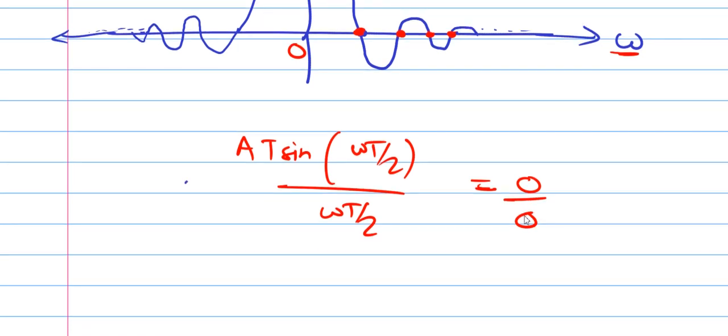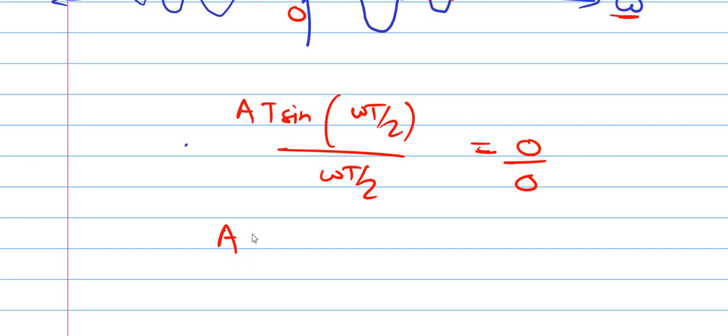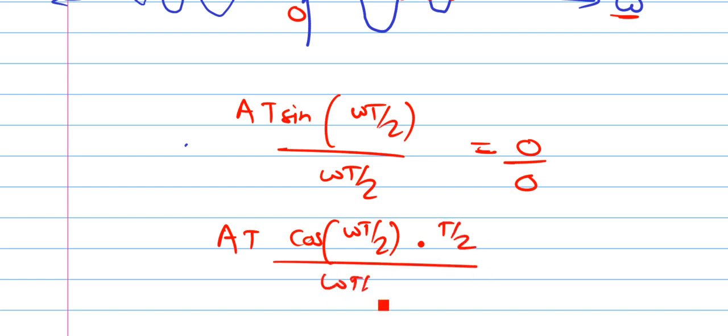Once I use the L'Hospital rule, it becomes A t, the derivative of sine gives cos of omega t by 2, into t by 2, divided by the derivative of omega t by 2, which with respect to omega is t by 2. I am differentiating with respect to omega because I am putting omega as 0. So t by 2 cancels, and it simply becomes A t cos of omega t by 2.